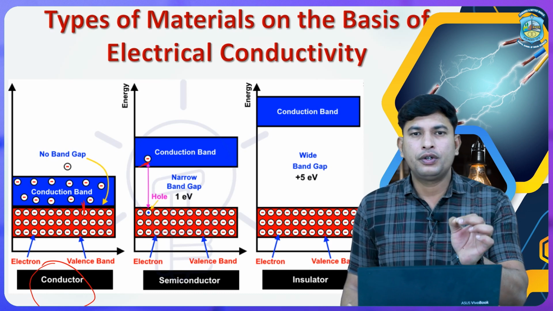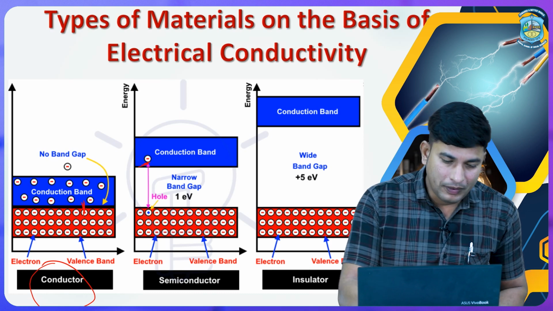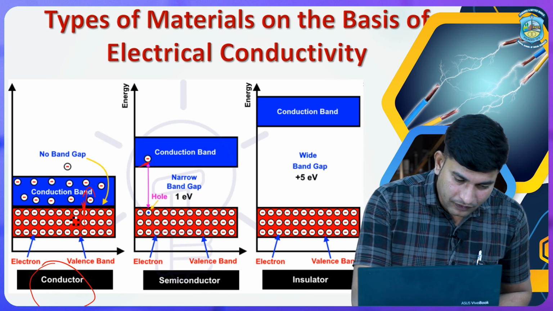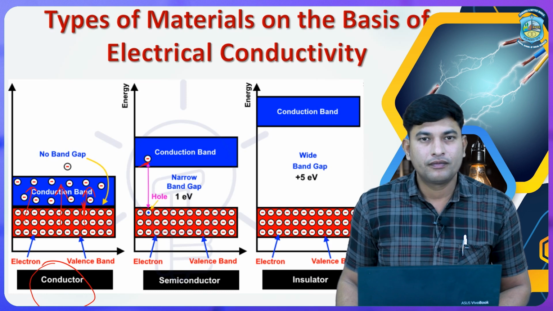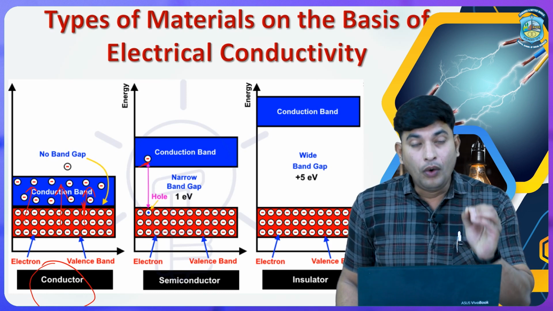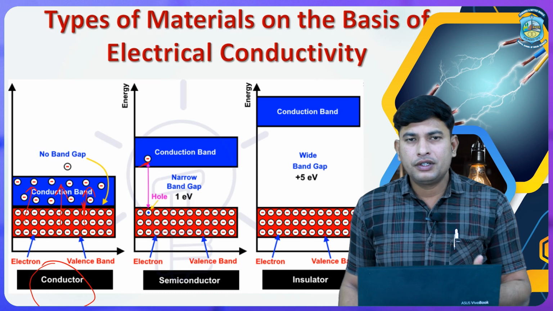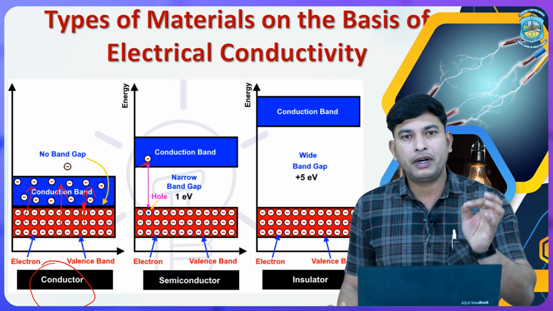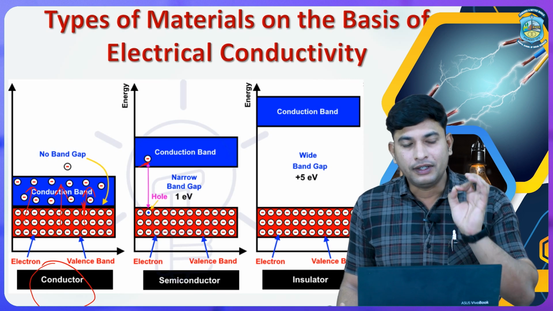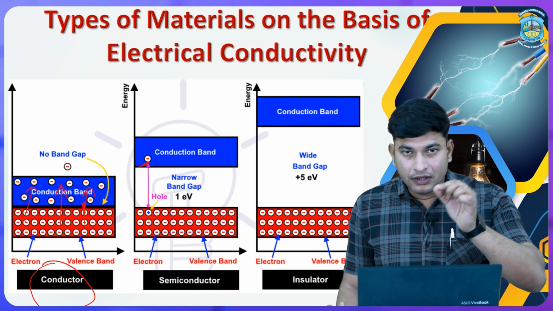Let me take 0.01 electron volt, and there is always a free electron system. They will travel from this place to that place. Obviously, if we apply some additional energy, there will be more and more free electrons. I am not saying it is not required at all. It is required, but depending on one thing, that is the gap.